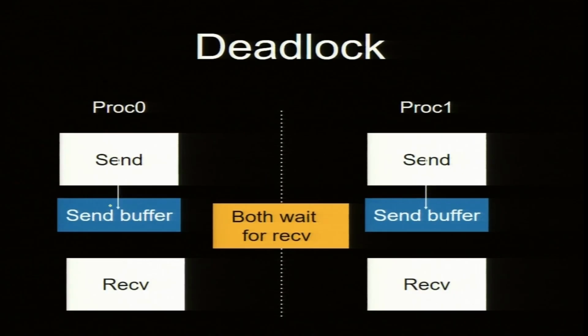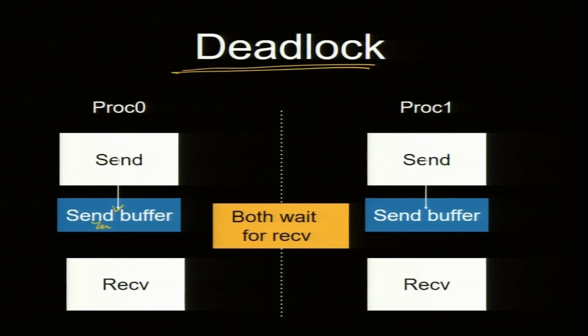This guy is sending, but process 1 is not ready to receive, he is also sending. So, will this buffer be emptied or not? The buffer will not be emptied. So, this guy is waiting for 1 to receive, and process 1 is waiting for process 0 to receive. This is called deadlock.